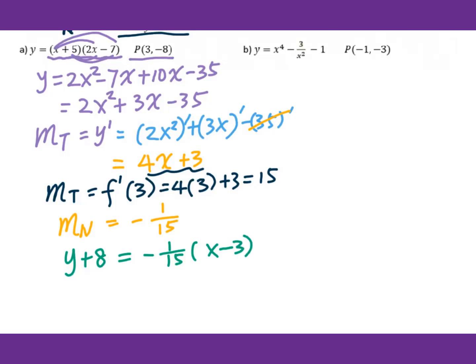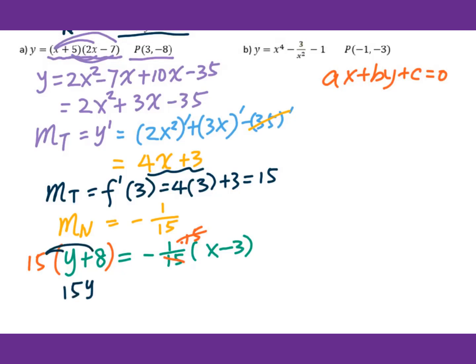Since I'm looking for ax plus by plus c equal to 0, get rid of this denominator. We multiply by 15 on both sides. Distributive property: 15y plus 120 equals, here's a -1, you have to do distributive property, -x plus 3.